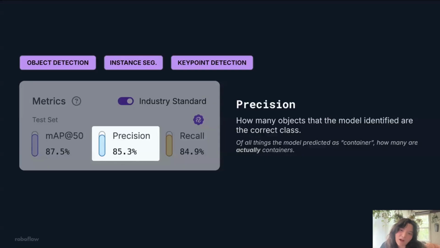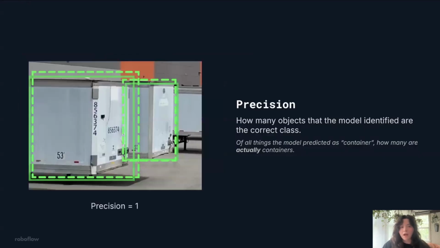Precision is how many objects that the model identified are actually the correct class. So of all things that the model predicted as container, how many of the ground truth labels are actually containers and actually that class? So for example, here, if the ground truth is the solid green lines and the predictions are the dotted green lines, the model has predicted all of these containers correctly, so the precision here is 1.